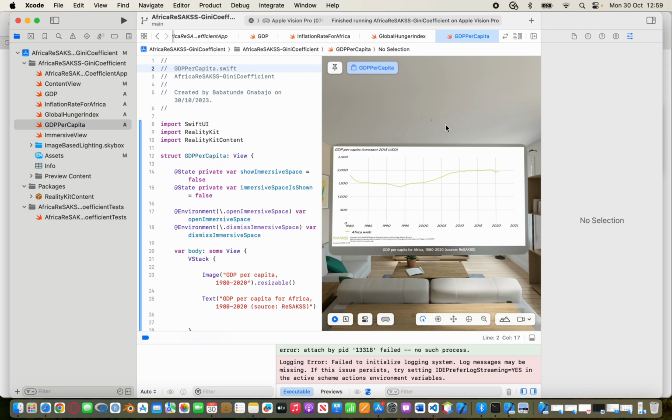So I really like the ReSAKSS website. It's much easier to use compared to similar websites that I've used, such as the World Bank and the IMF. It's very straightforward. The only criticism that I would have of ReSAKSS is that they do not have an API, because an API is basically a way of transferring data between two different systems.